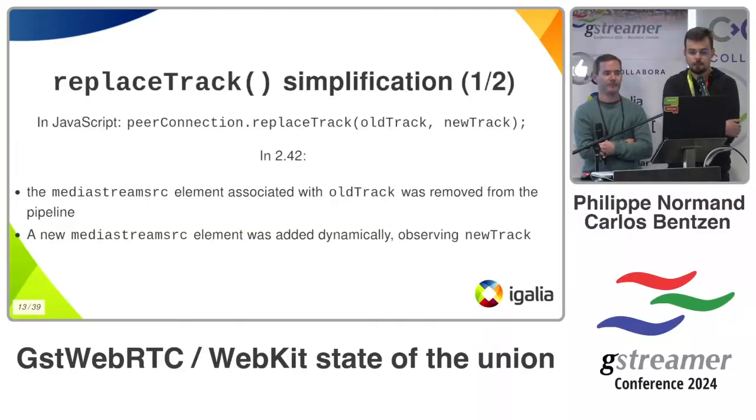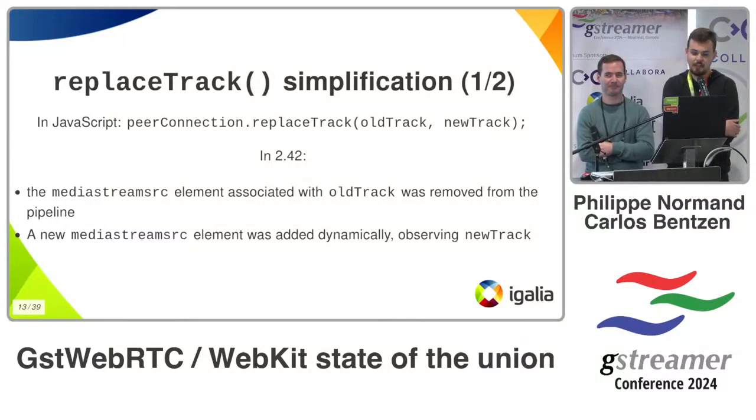And another change that we have is regarding the replaceTrack API. So as the name suggests, it's an API used basically for having a peer connection and replacing an old track with a new one. And it used to be troublesome in the past because the old implementation was basically creating a new media stream source, unlinking the previous one, and then relinking the new one.